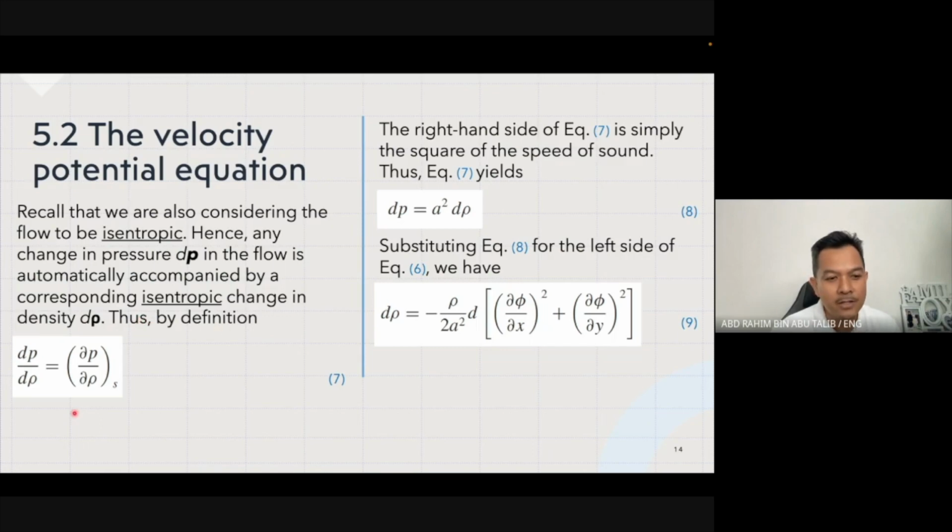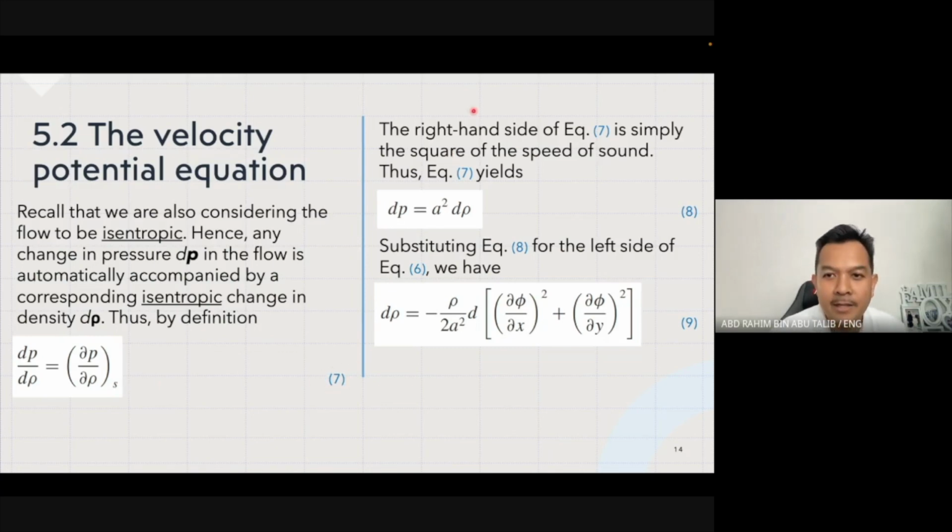Thus, by definition, dP over d rho, the change in pressure over the change in density, we have this expression with respect to entropy. We name it as equation number 7.